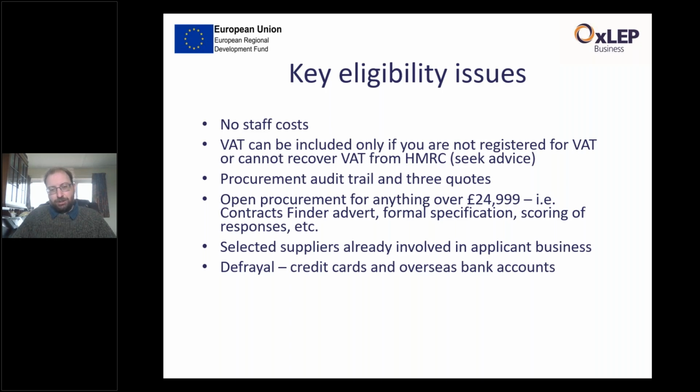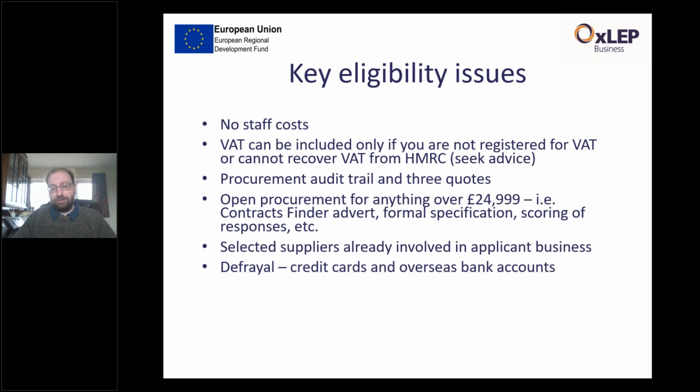One eligibility issue that we often come across is where suppliers that applicants have selected are those who are already involved in some way, shape or form within the applicant business. This is not necessarily a problem, and you can certainly select a supplier that you already know and already work with, but it becomes even more critical to be able to provide evidence of the selection process.